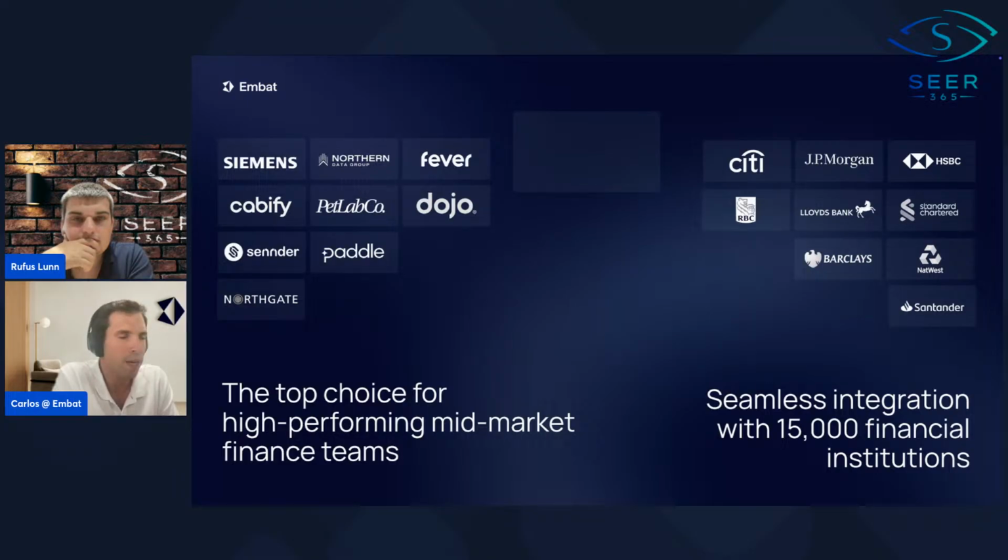Our customers are mostly mid-market enterprises who are really looking to upgrade their treasury processes and are starting to experience the complexity of working with multiple banking partners and complex treasury operations.